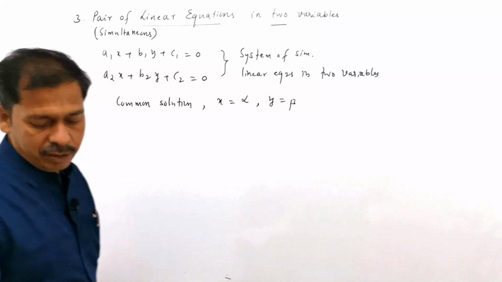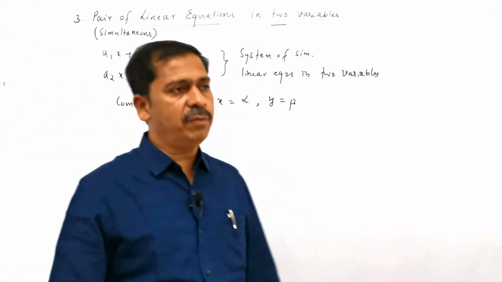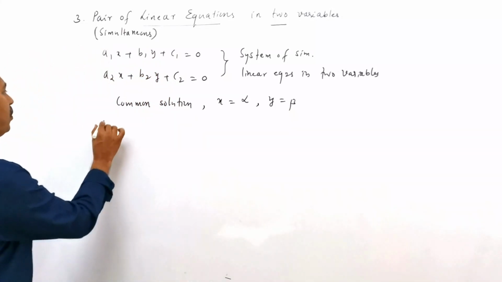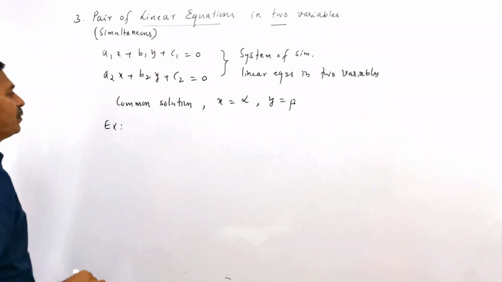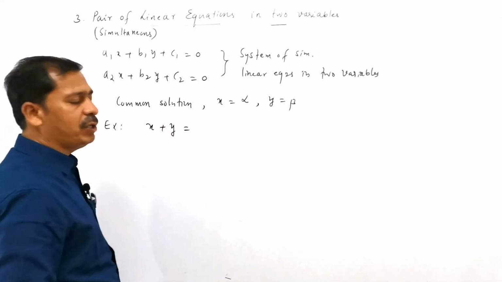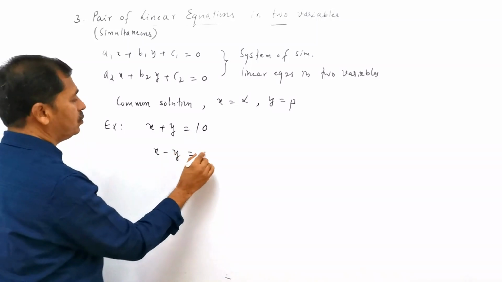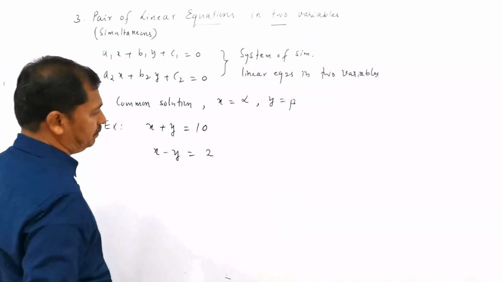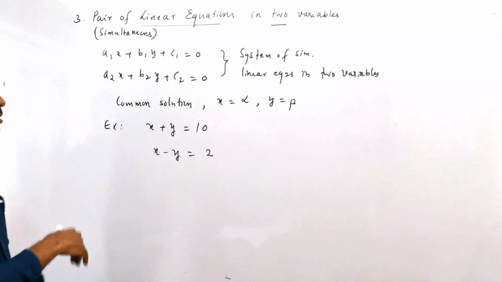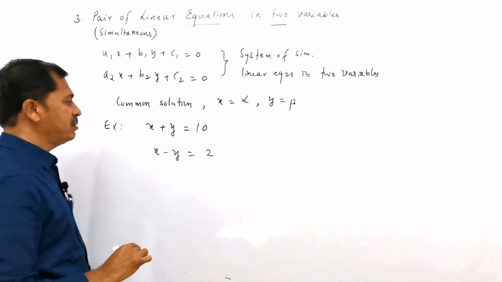Now let us have a look at one question. I would like to take into consideration an example. Let me take this example: x plus y is equal to 10. Very simple simultaneous equation I would like to take. x plus y equal to 10 and x minus y is equal to 2. This is going to form a simultaneous system of equations.